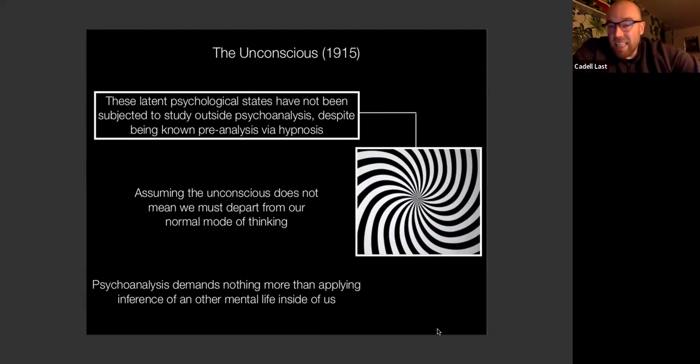With that being said, these latent psychological states or absent psychological states have not been subjected to study outside of psychoanalysis, even though we were aware of these states pre-analysis via hypnosis. And that takes us back to our early workshops, where we specifically were working with a Freud who was himself using hypnosis.